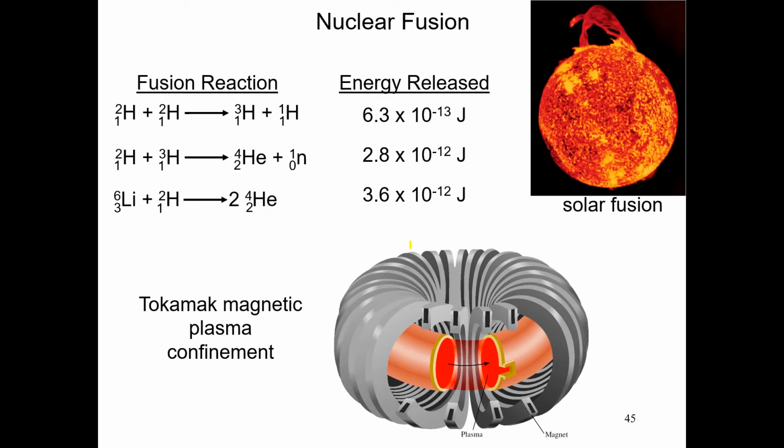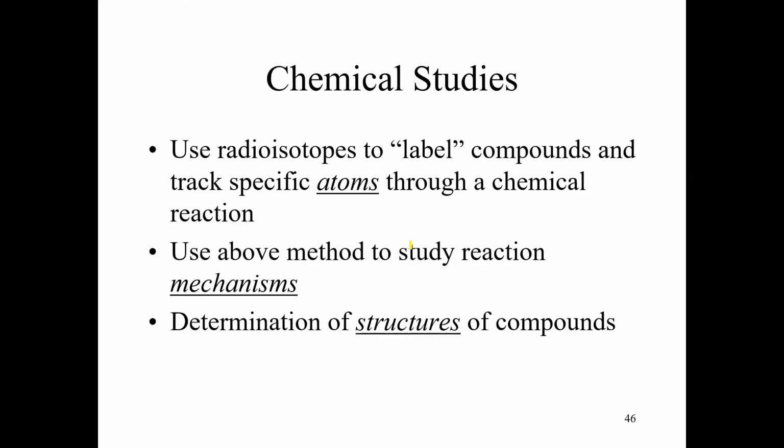Let's go back to more agreeable, more peaceful kinds of applications of nuclear chemistry. One of them, we've mentioned it before when we talked about the study of reaction mechanisms, is that you can use radioisotopes to, quote unquote, label compounds and track specific atoms throughout a chemical reaction.